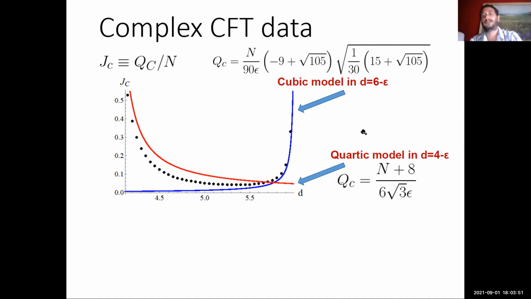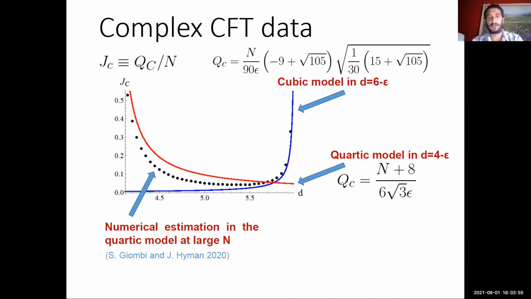not 4 minus, at the leading order in epsilon, while the black dot is the numerical estimation shown before, which has been done in the quartic model, at leading order in the 1/n expansion, actually in the double scaling limit, large n and large charge, by Jombie and Diamond. So there are still many things to understand on this issue.